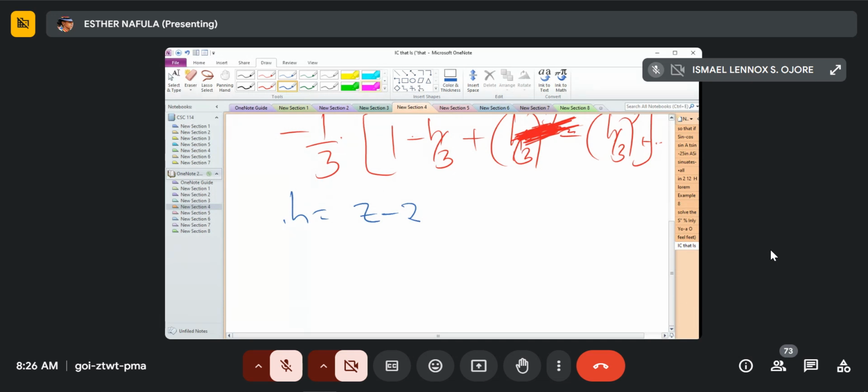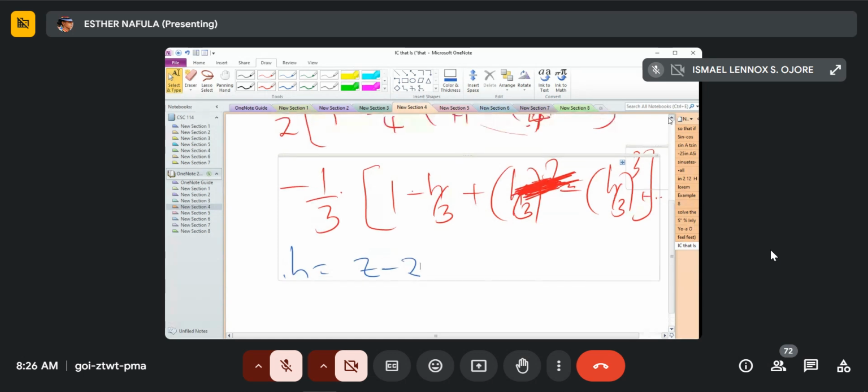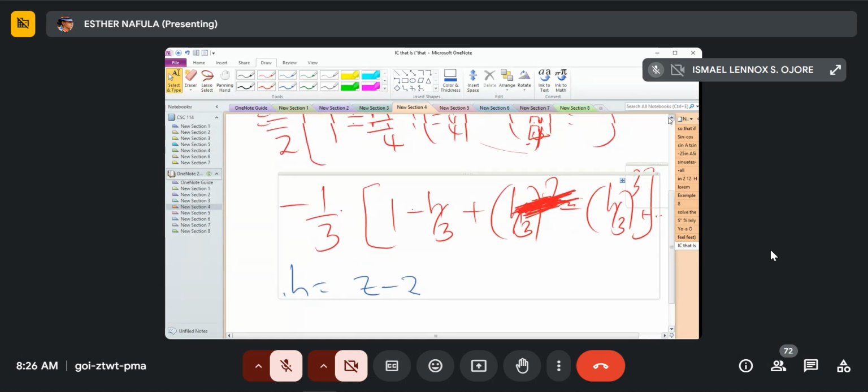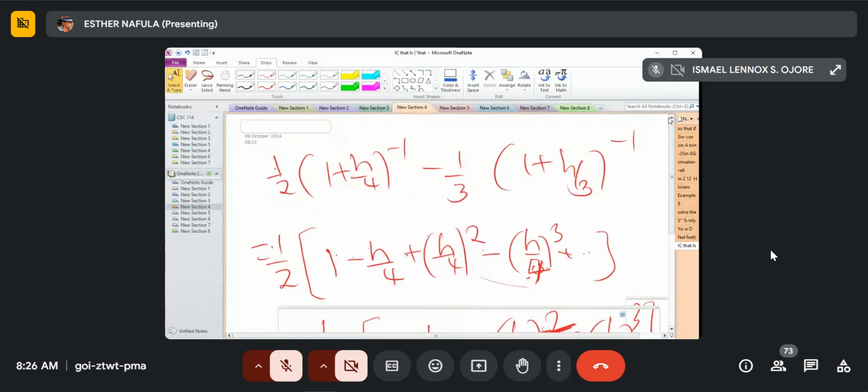But first we could try to simplify this. We can try to collect like terms first, then substitute our h at the very last step. So we have a half into 1 minus h over 4 plus h over 4 squared minus h over 4 cubed.